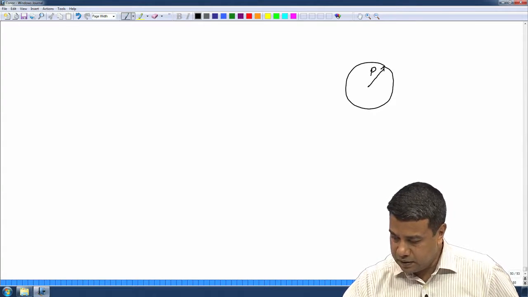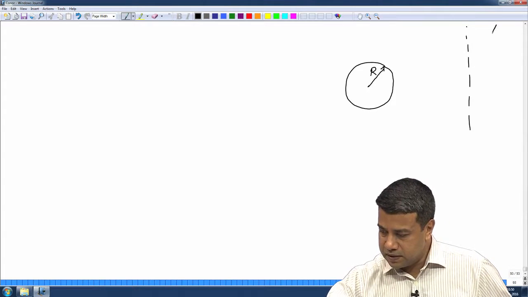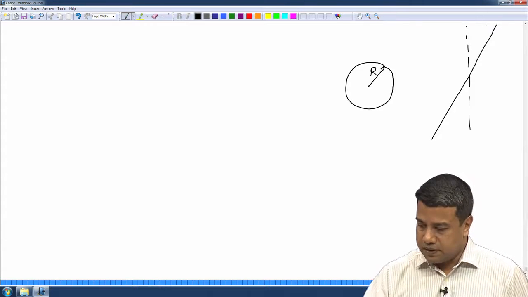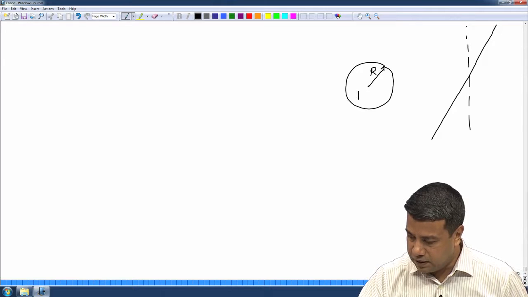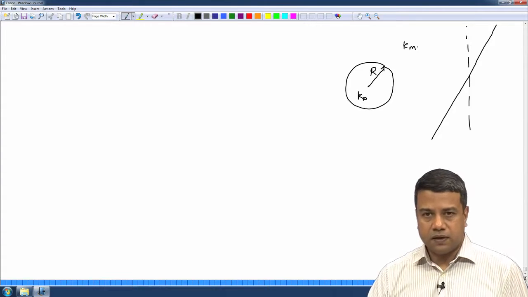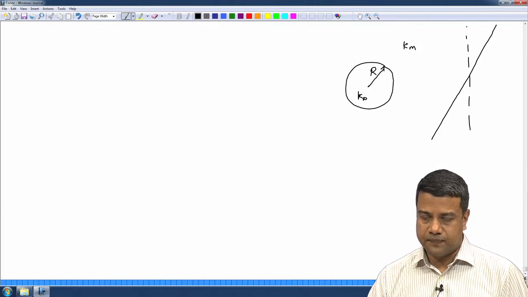of radius r in a temperature field which is linear far from the particle. However, the particle conductivity is different from the matrix conductivity. Therefore, close to the particle there is going to be a disturbance to the temperature field.